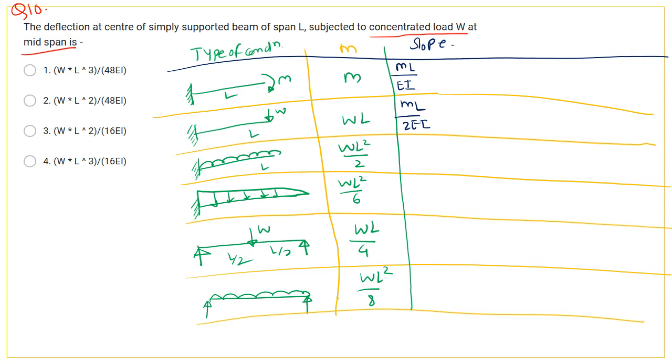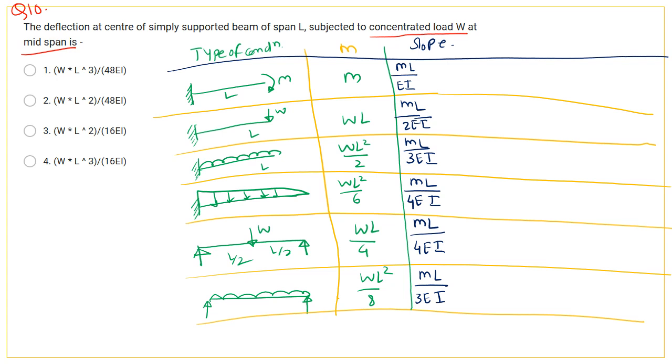Third one is ML by 3 EI. Fourth one is ML by 6 EI. Sorry, ML by 4 EI. Then here reverse the value, ML by 4 EI and ML by 3 EI. This is about the slope.